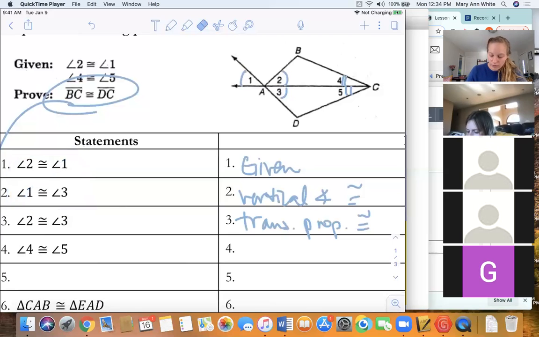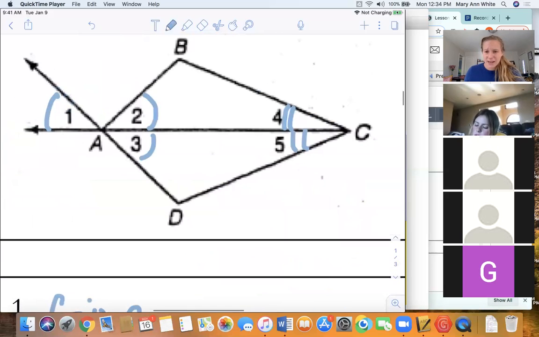Okay, then it says 4 and 5 are congruent. Why is that? Given. Given again. Very good, Allie. Ooh, and 5's not filled in. Ooh, let's look at the picture. Is there anything I can mark that wasn't already told to me? That line C is, I guess like congruent, but it's like reflexive property.